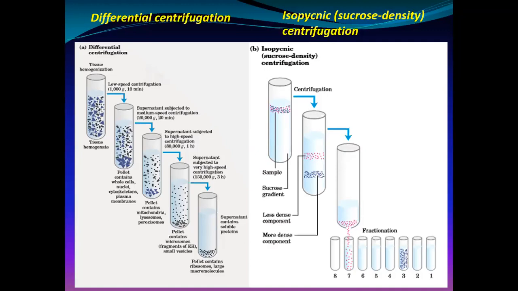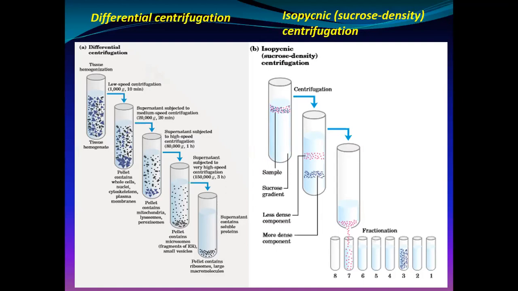Right? Then we have one called isopycnic sucrose density centrifugation. In a sense, different density gradient solution, and then you can see the different levels. You can see that cellular components will be separated, and then by fractionation, we can collect different fractions, and then different fractions will have different cellular components, right?